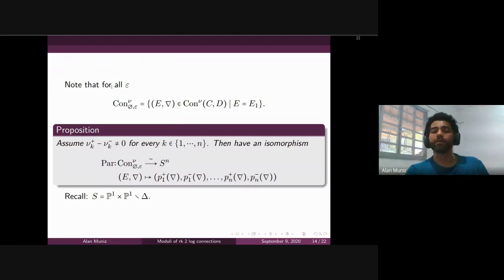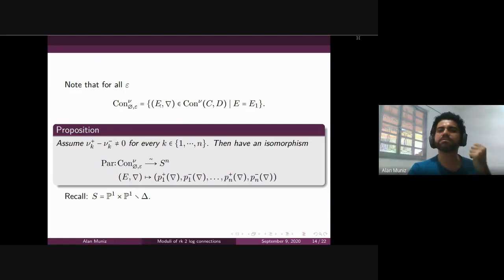Recall that for the first chamber, the one where the sum of the weights is less than 1, we can see that if the underlying quasi-parabolic vector bundle is mu stable for a mu in this chamber, then the underlying vector bundle is E1. And this is everything.